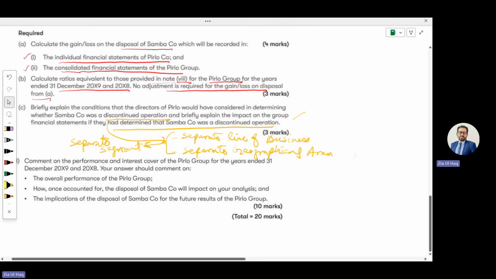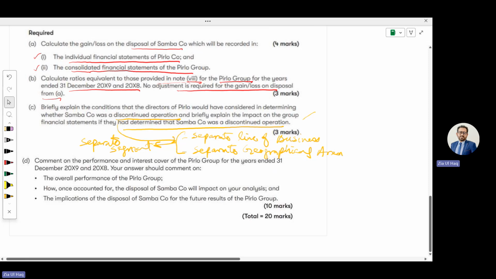And requirement D of the question, for 10 good marks: comment on the performance and interest cover. Performance means GP margin and profit margin of Pirlo Group for the years ended 31st December 20x9 and 20x8, so you need to comment on the ratios. Your answer should comment on the overall performance of the Pirlo Group, and how accounting for the disposal of Samba company will impact your analysis.